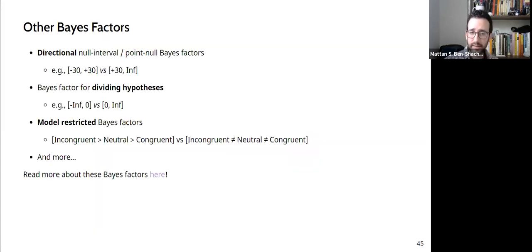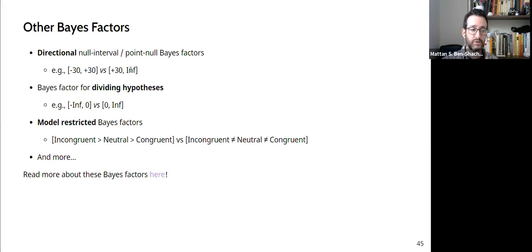As I said, there are other types of Bayes factors. So basically any hypothesis that we can define as a range of values or some combination of values can be set as a Bayes factor. So for example, we can use directional values of the null interval or the point null Bayes factor. So I can have a null hypothesis that my effect is between -30 and +30, and an alternative hypothesis that the effect is larger than 30.